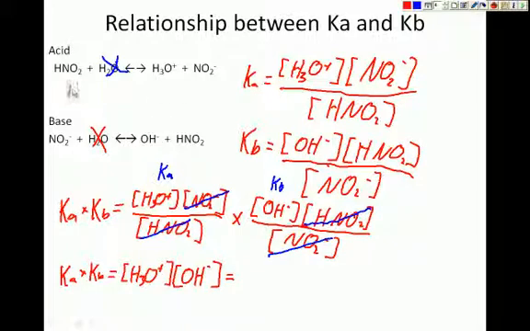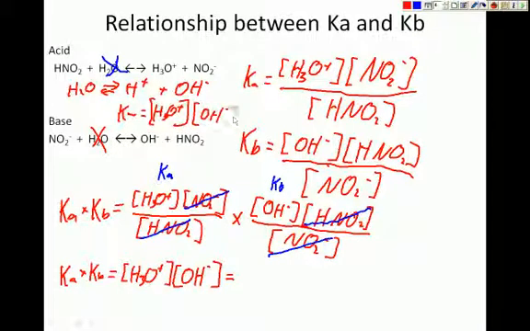Remember this formula? H2O makes H plus and OH minus. That's the water constant. Kw equals H3O plus, and H plus is the same thing, times OH minus.